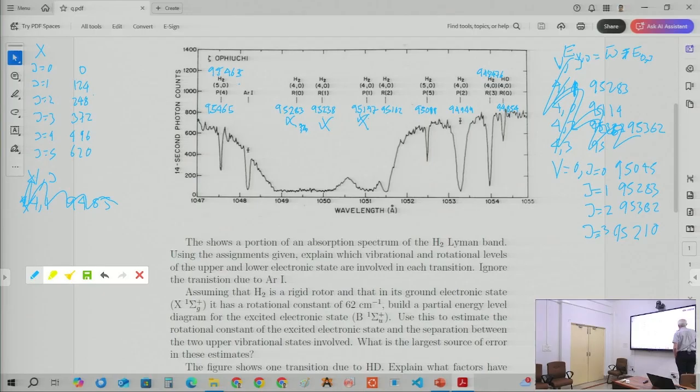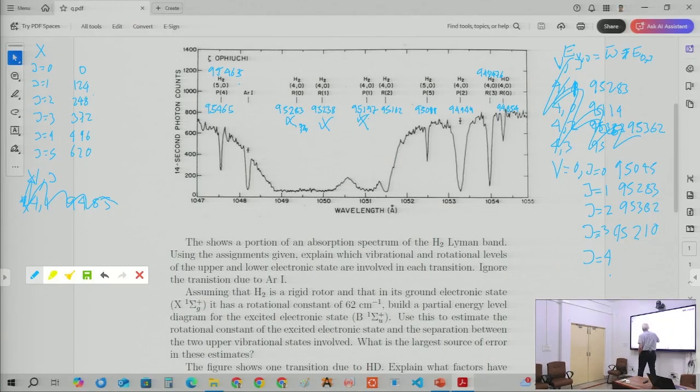P5 will give you J equals 4. And to get J equals 4 from P5, you have to subtract. So you start from P3. Sorry, one minute, let's start again.